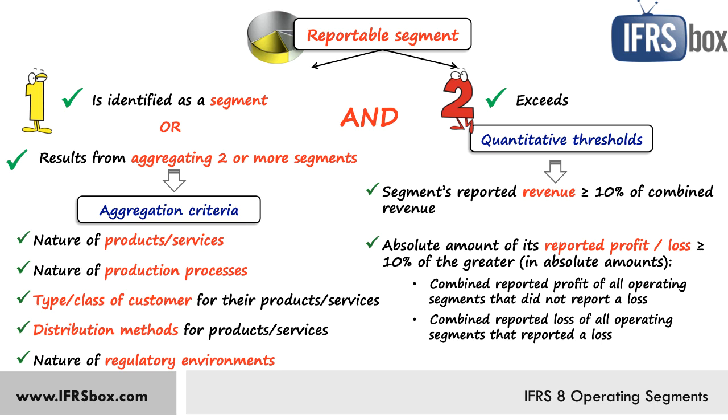And the absolute amount means that you do not take plus and minus into account. The third threshold is that its assets are 10% or more of the combined assets of all operating segments.